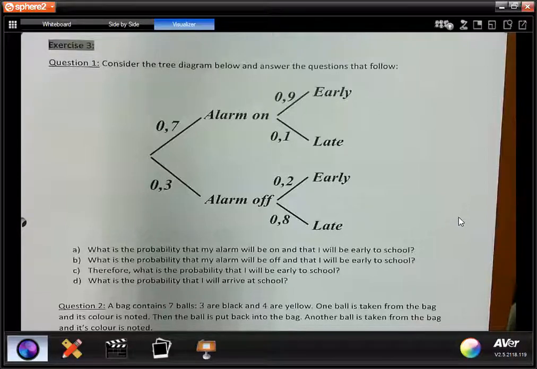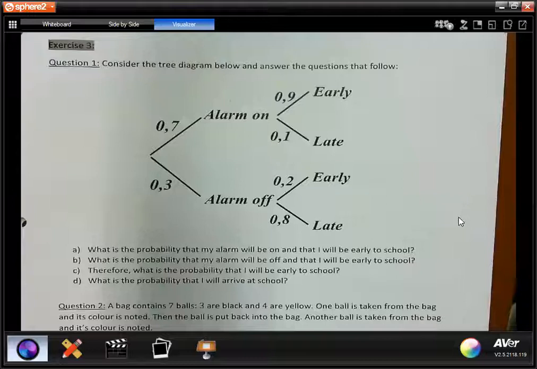So in C, they're asking you for this one and that one. What do we do when it's two outcomes on the tree diagram? We add them together. So in A, you calculate this probability, in B, you calculate this probability, and in C, you add those two together.